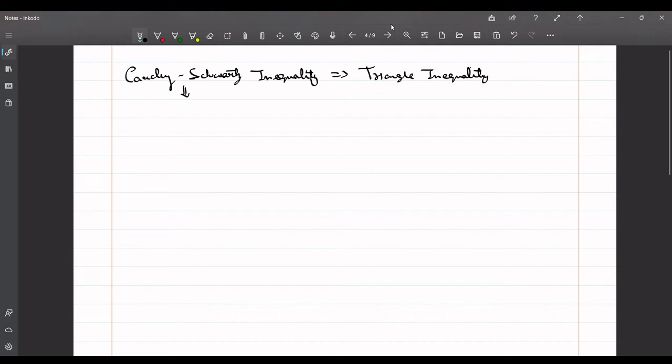A norm is defined dependent on an inner product. Suppose V is a normed linear space. Then the modulus of the inner product of u and v is always less than or equal to the norm of u times the norm of v. This is the Cauchy-Schwarz inequality. And the triangle inequality I have already stated.